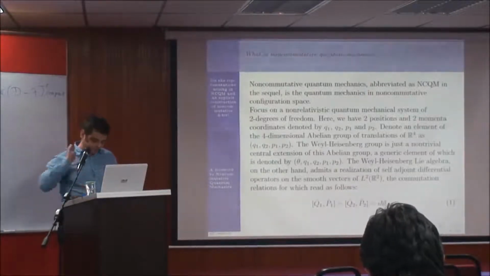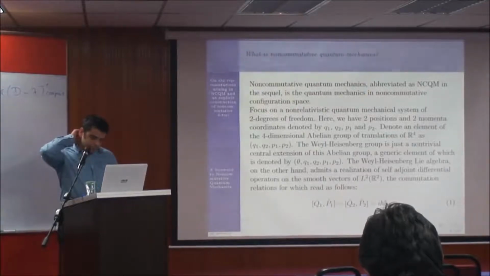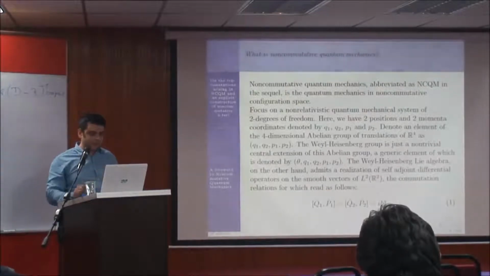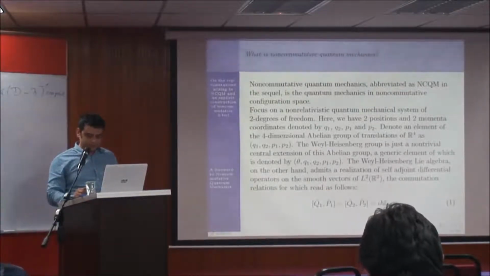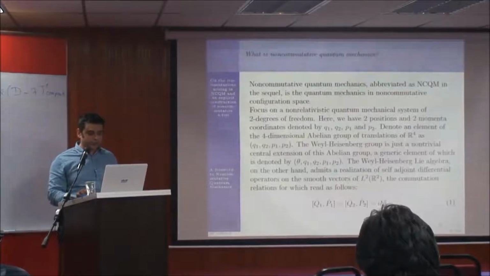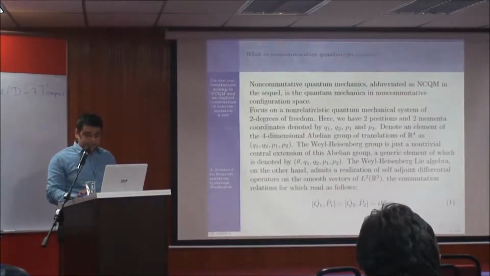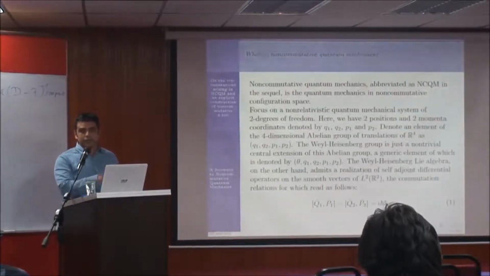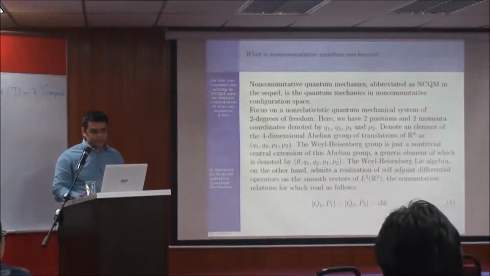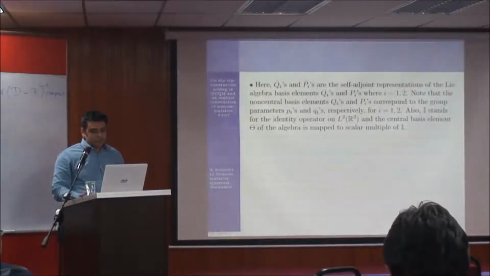If you do that, and if you compute the self-adjoint representation of the associated Lie algebra basis elements, you'll see that the commutation relations between the operators would look like this, the equation number 1, and the others are vanishing. So the only non-trivial, non-vanishing relations are these ones.